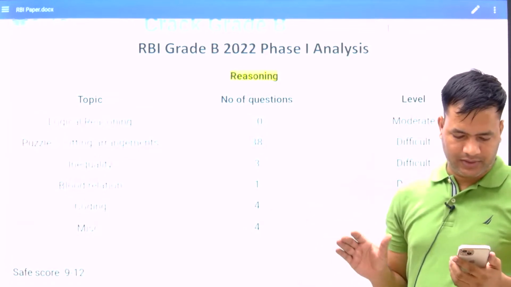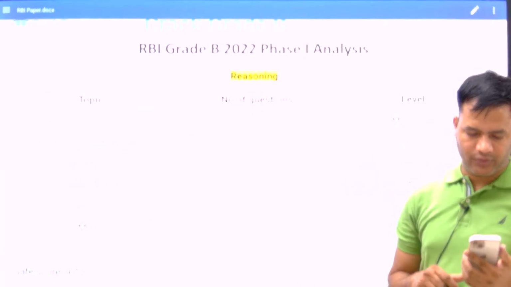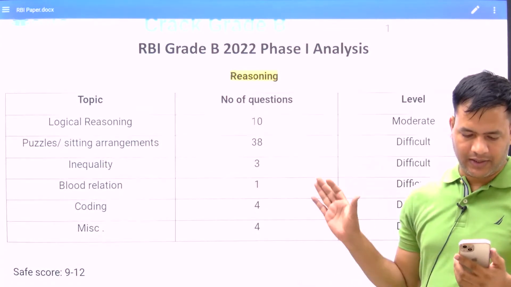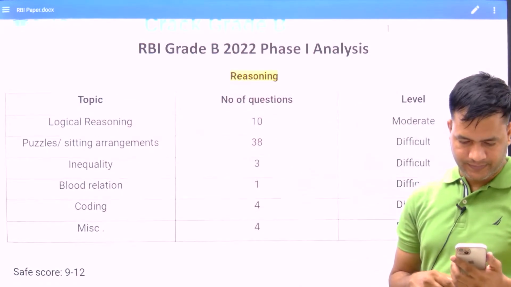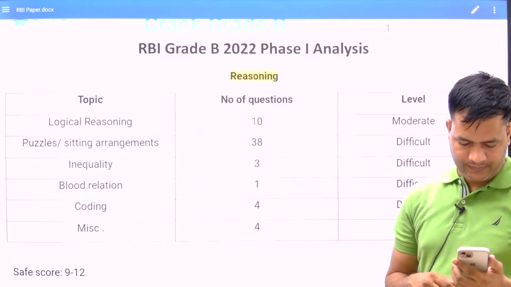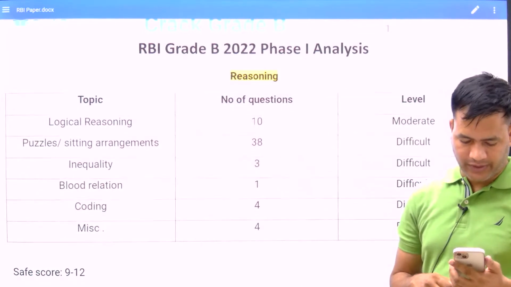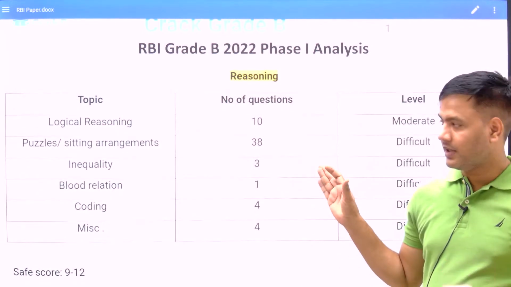Screen is visible. Are you able to see this table?